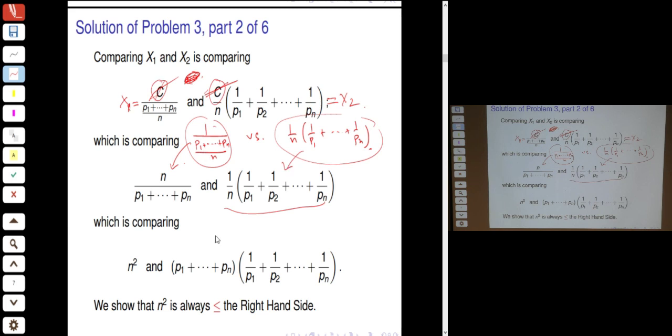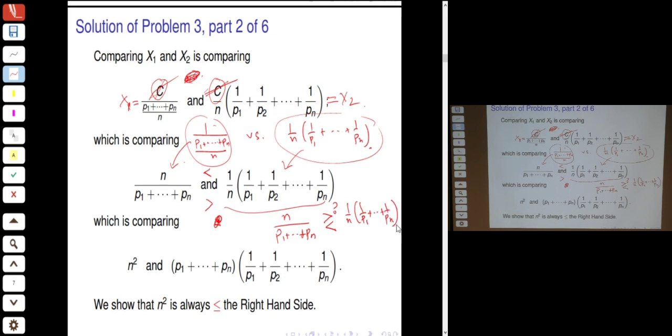We want to understand whether the left hand side is smaller than the right hand side, or the left hand side is bigger than the right hand side. So let us denote it by this kind of notation. You want to know n over P1 plus up to Pn, you put a question mark, since you do not know which sign to put, and 1 over n times 1 by P1 plus up to 1 by Pn.